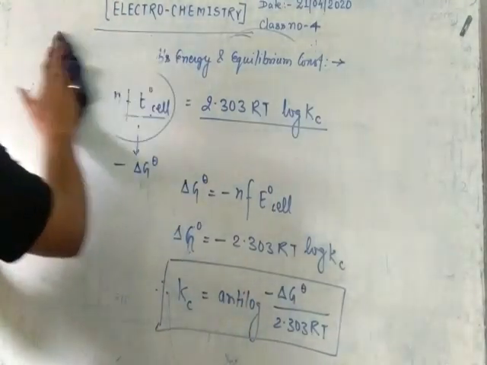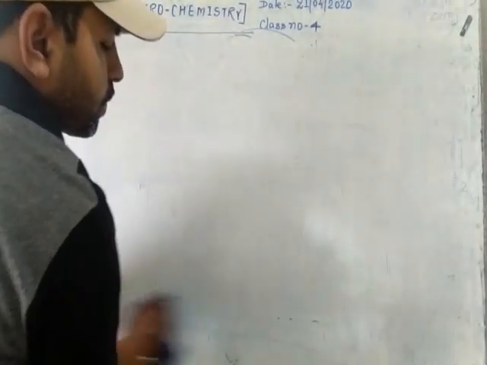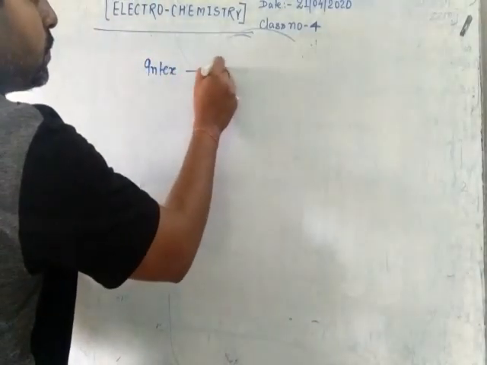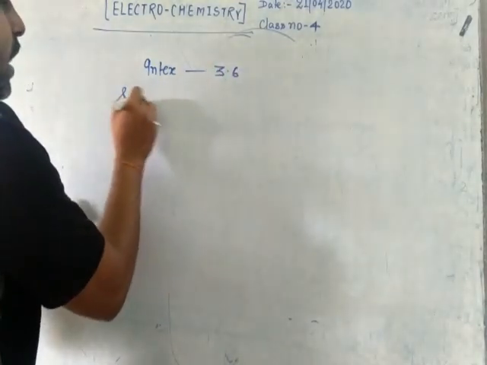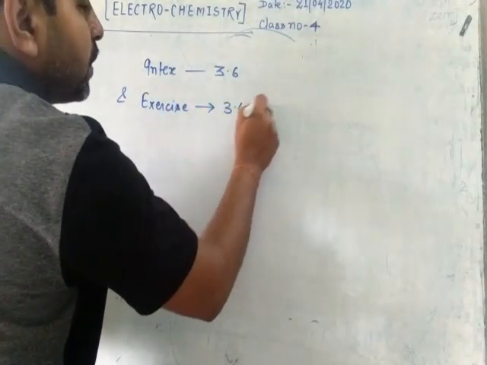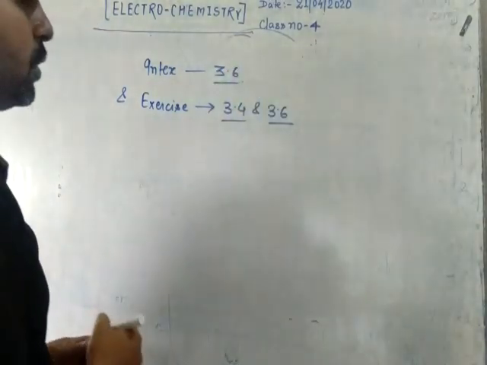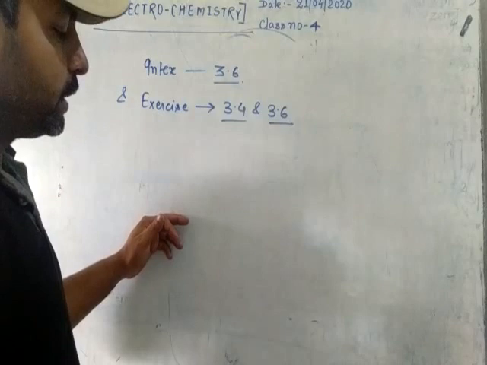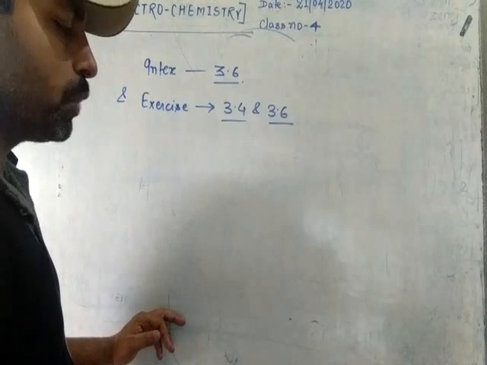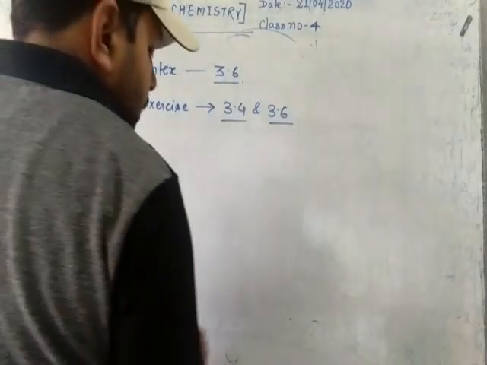So students, in the NCERT book, in text 3.6 and exercises 3.4 and 3.6 are solved depending upon these two formulas: Gibbs energy equals minus nFE0 cell and Gibbs energy equals minus 2.303 RT log Kc.